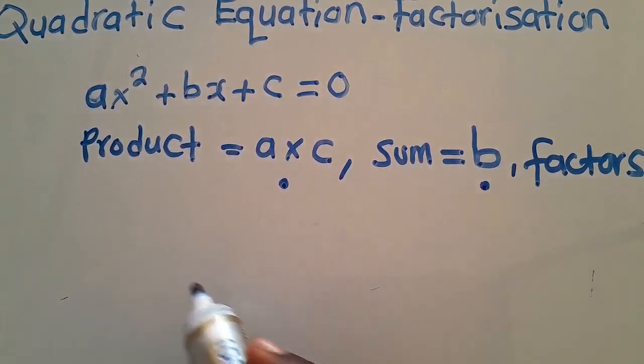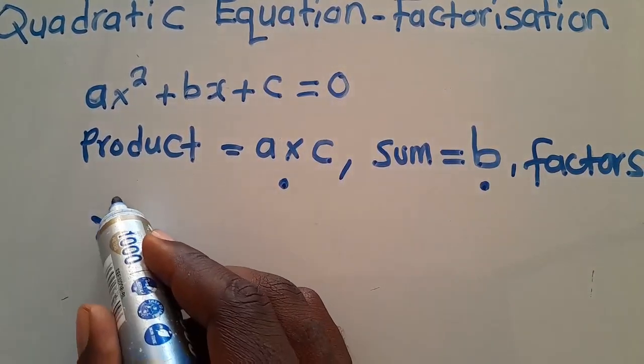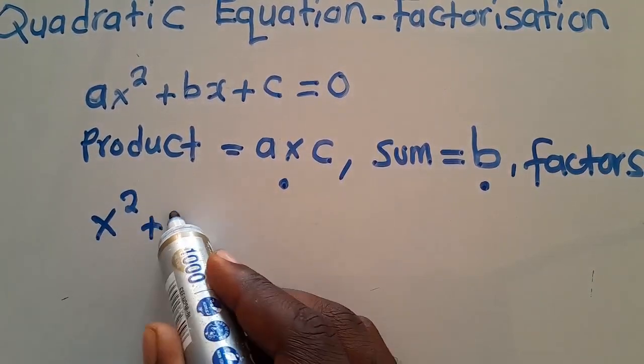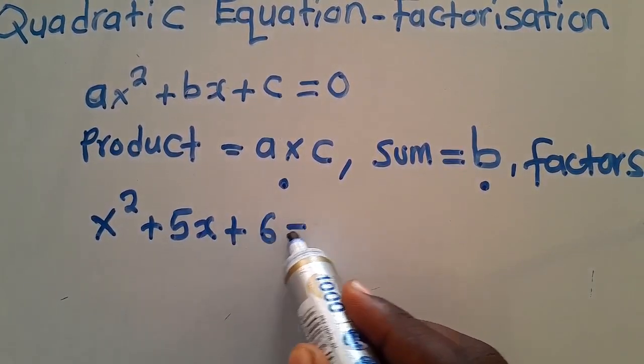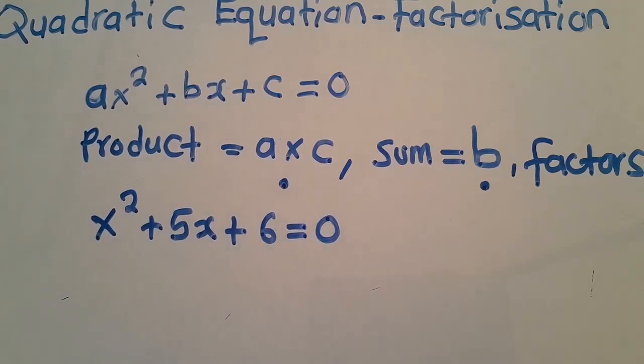So let us solve this quadratic equation: x squared plus 5x plus 6 is equal to 0. How can you solve this quadratic equation by using factorization? Before I continue, I would like to submit this to you. It is not every quadratic equation that you can solve by using factorization method.